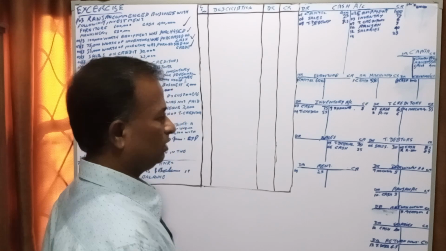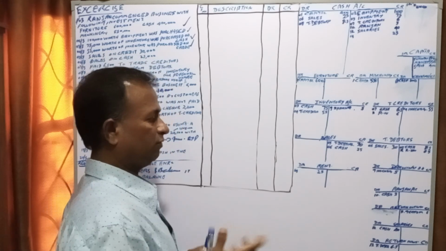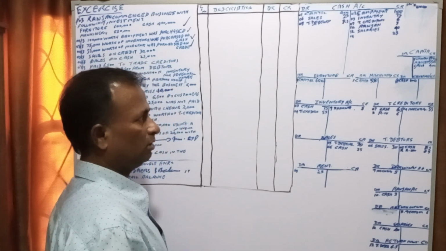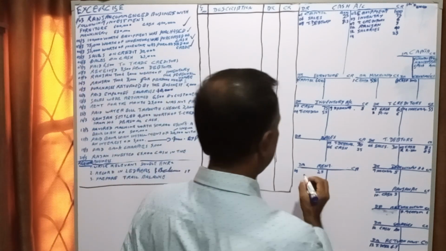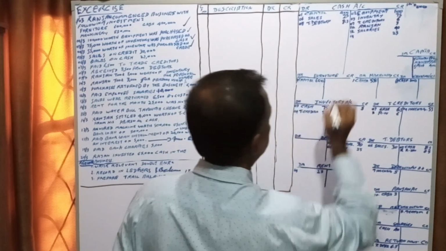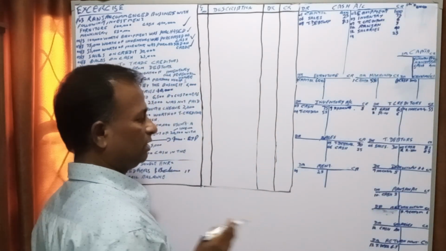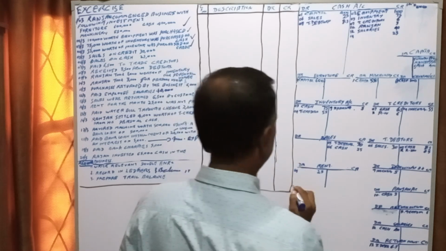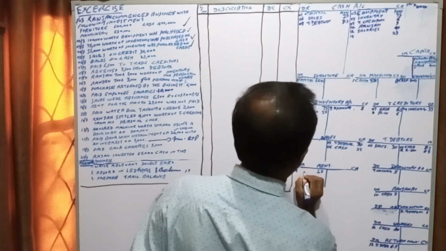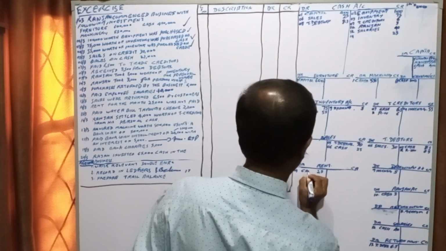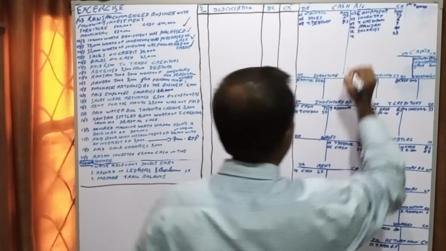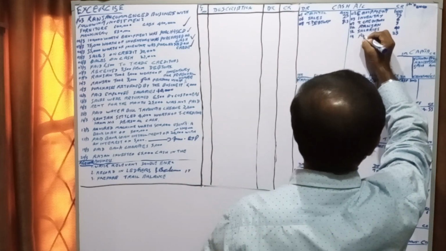The office rent we have paid for 25,000 during the period, so cash has gone out, so we have credited cash, and rent is an expense, so we have debited rent account. Here we will say cash, here we will say rent.